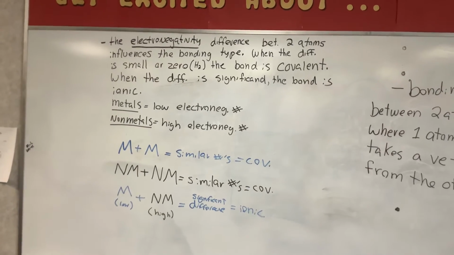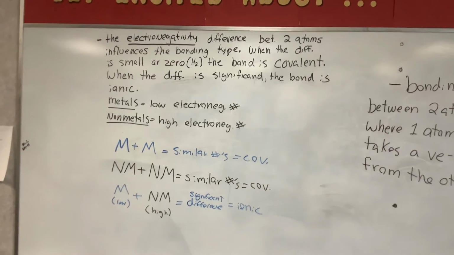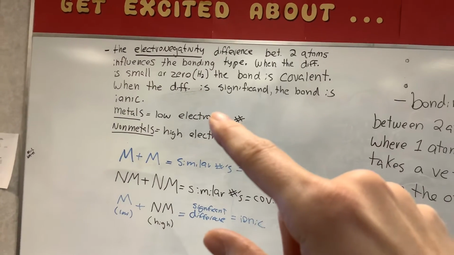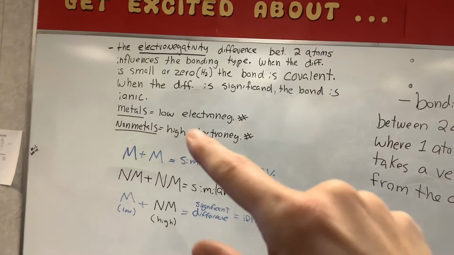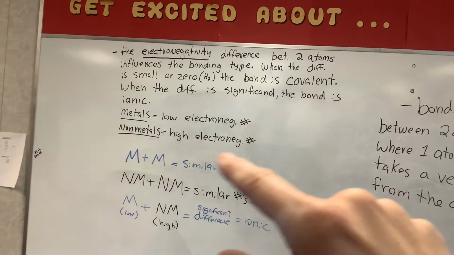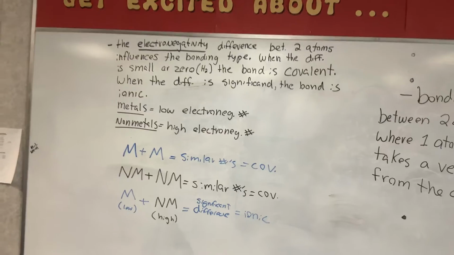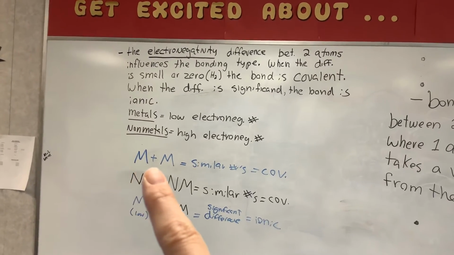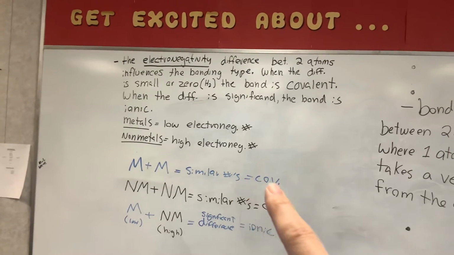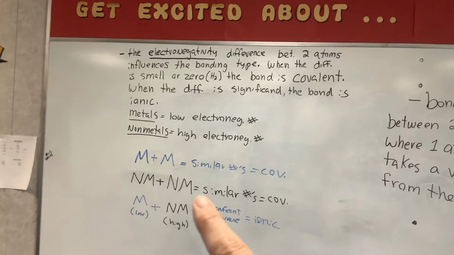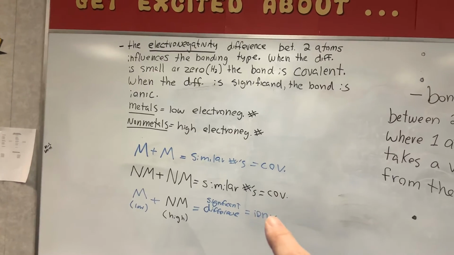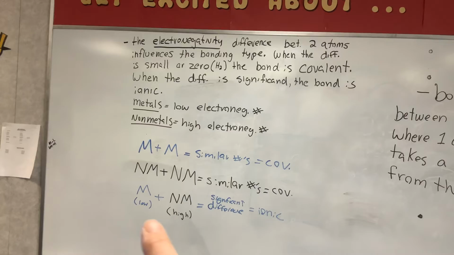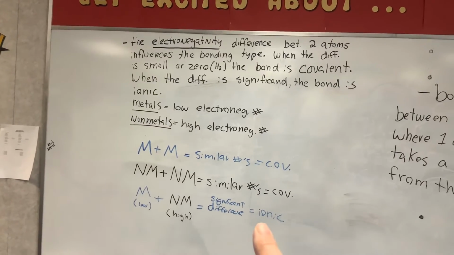Non-metals are high electronegativity. So if a metal bonds to a metal, they have a similar, they're going to be covalent. When non-metals bond to non-metals, similar, they're going to be covalent. So ready, you have a metal plus a metal, similar, covalent. Non-metal plus non-metal, similar, covalent. Metal, which is low, plus a non-metal that's high, extreme different, significant, ionic.